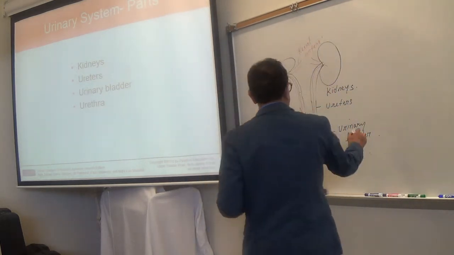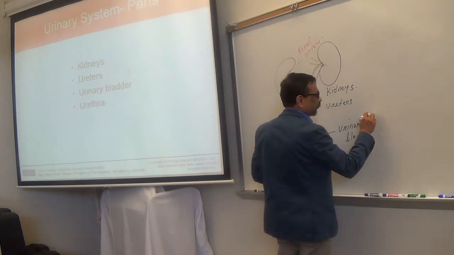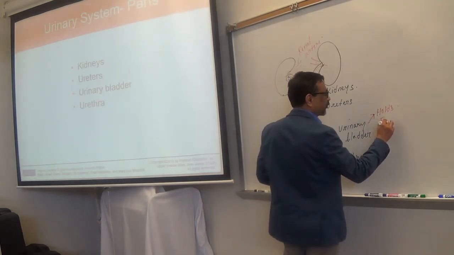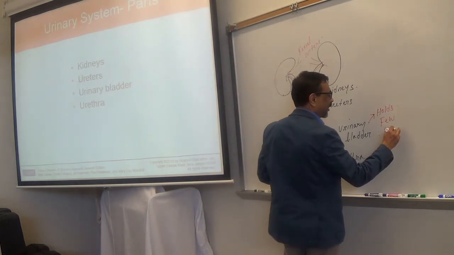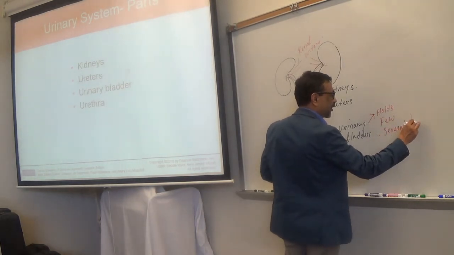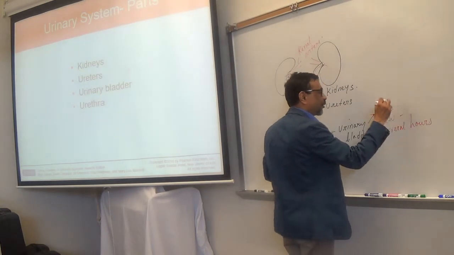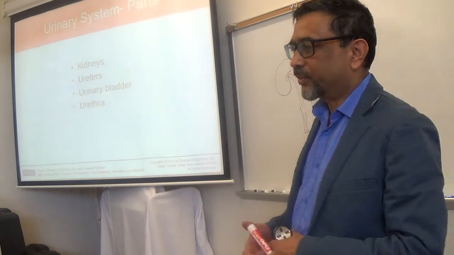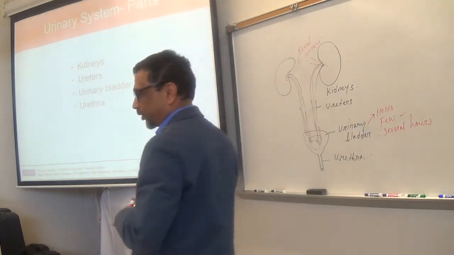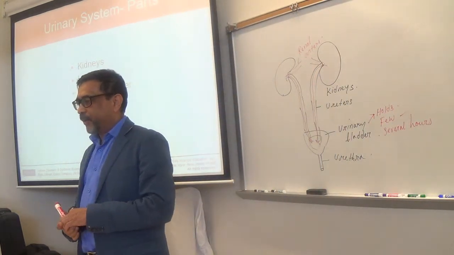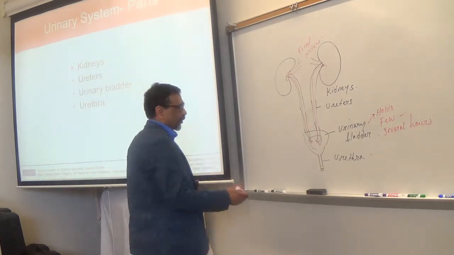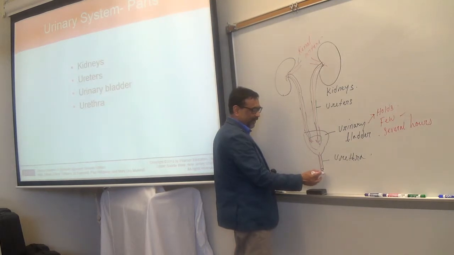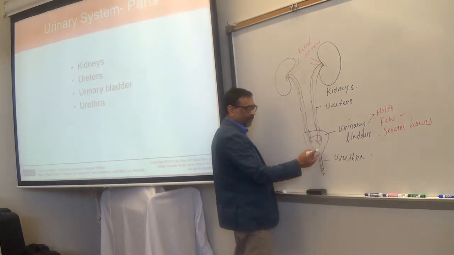And the bladder holds the urine for a few to several hours. So the urinary bladder holds the urine for a few to several hours, stores the urine. And when you desire, when the bladder is full, you excrete the urine to the outside of the body.